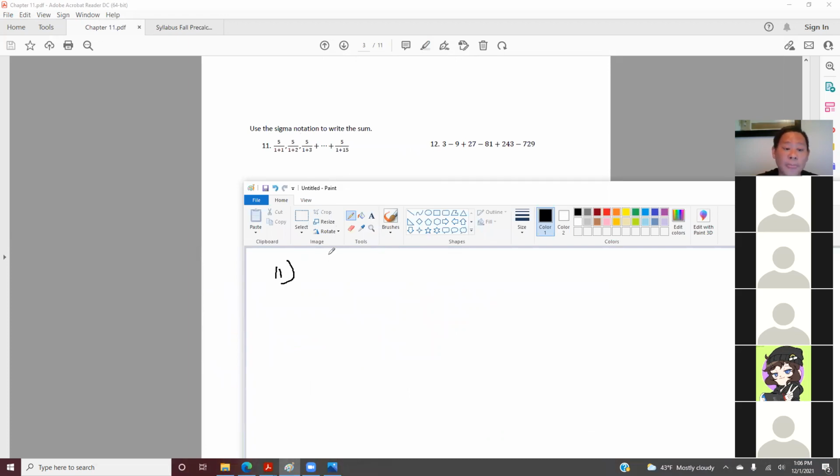Question 11, 12, in this case, you need to write in summation notation. So you will see 5 over 1 plus 1, plus 5 over 1 plus 2, plus 5 over 1 plus 3, plus all the way till 5 over 1 plus 15.